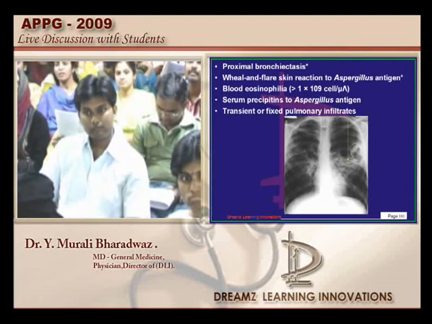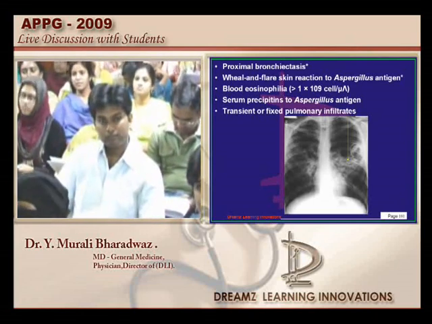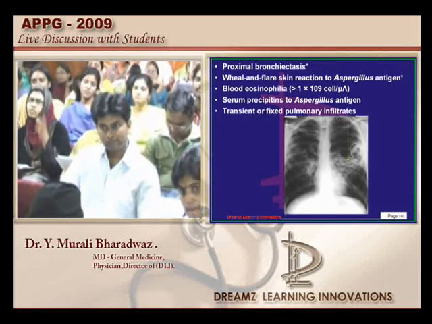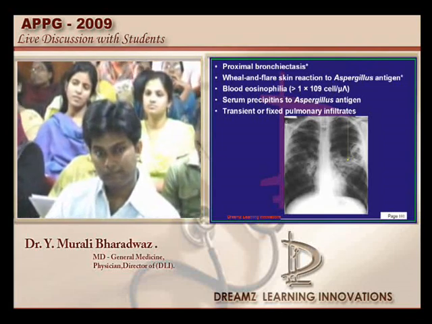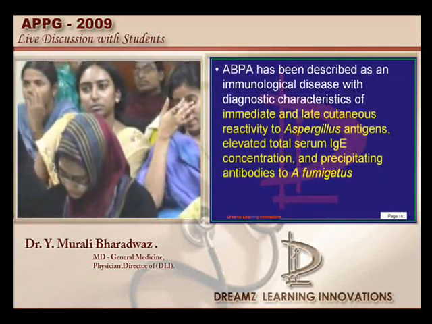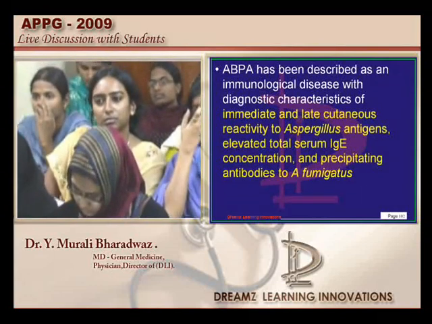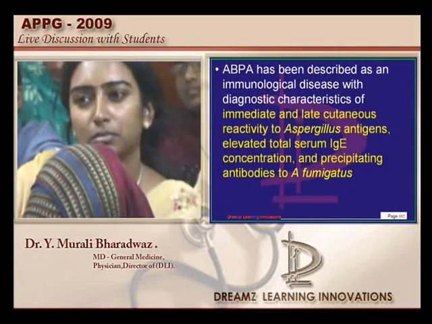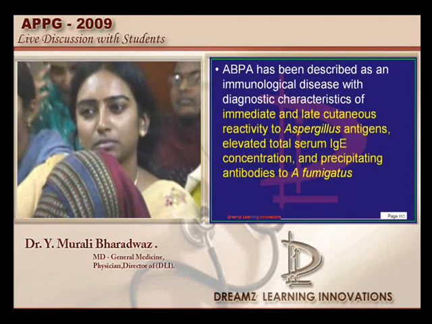They all become part of the definition of allergic bronchopulmonary aspergillosis. So culturing the aspergillus from sputum is not a part of the criteria, whereas asthma and precipitin of the aspergillus and lung infiltrate are all part of the criteria, which needs to be remembered.